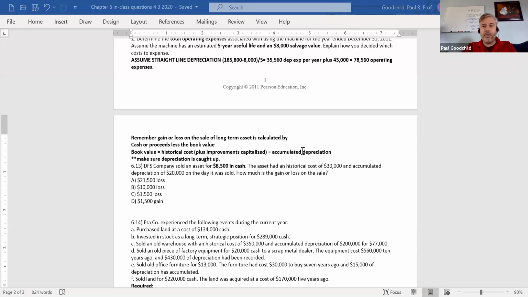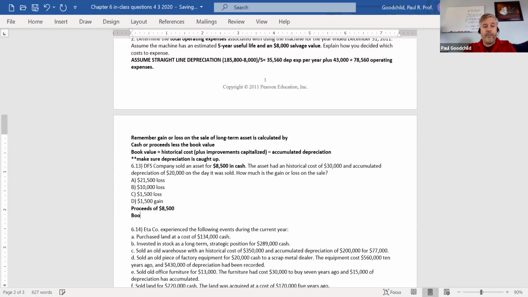In this case, though, it says that the company sold it for $8,500 in cash. So we have proceeds of $8,500. And our book value is $30,000 historical cost minus $20,000 accumulated depreciation.